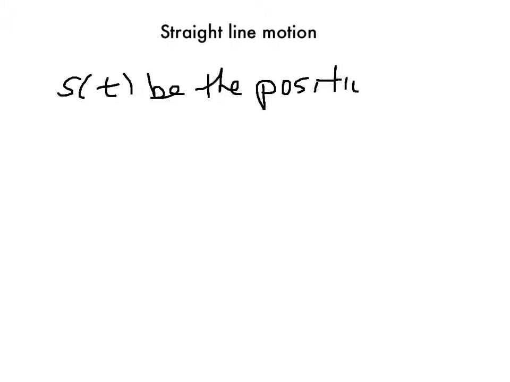So let's consider straight line motion, which, as the title suggests, is motion that is either along the number line like that or along a vertical like that. And here's some information that we have. Let's let s of t be the position of the particle at time t. So we have a couple of definitions to make.